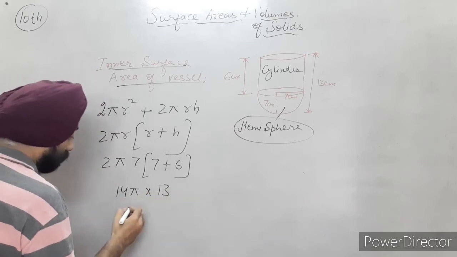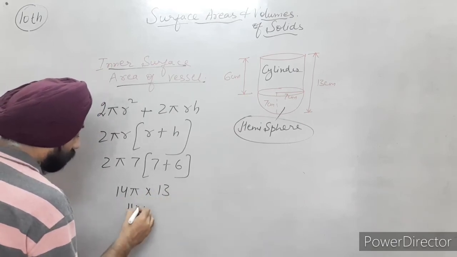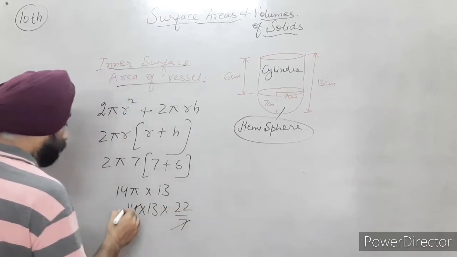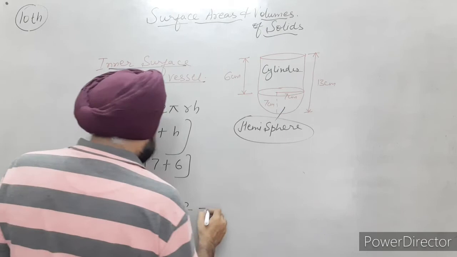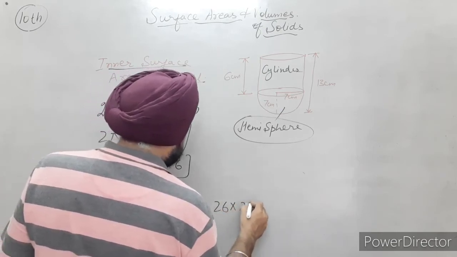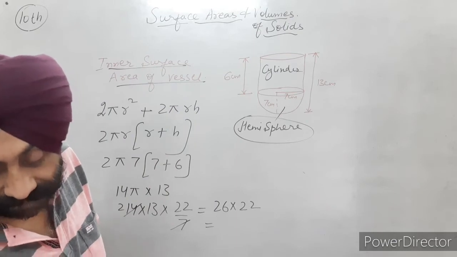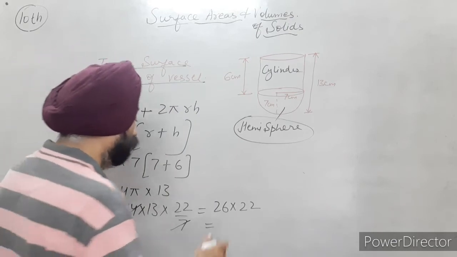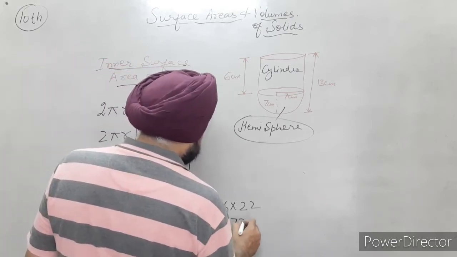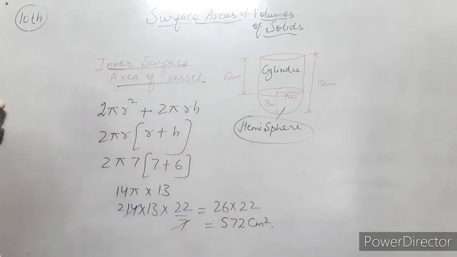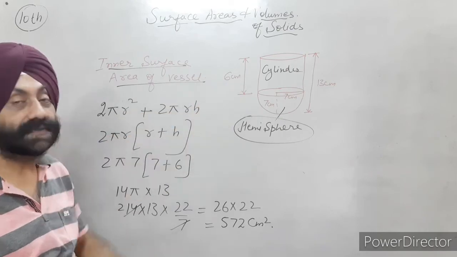Solving with pi as 22 by 7, the 7 cancels, giving 26 into 22, which is 572 centimeters square. This is the inner surface area of this vessel.